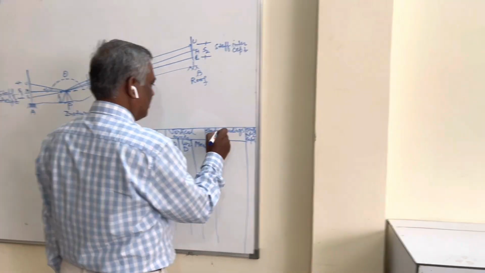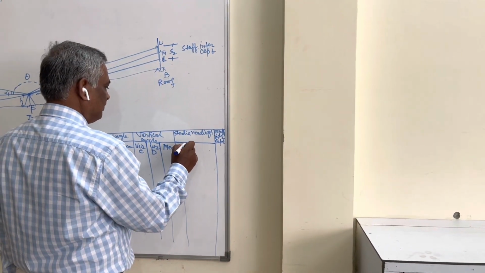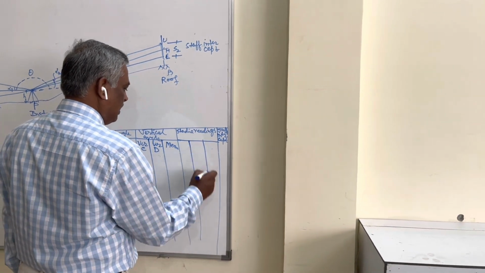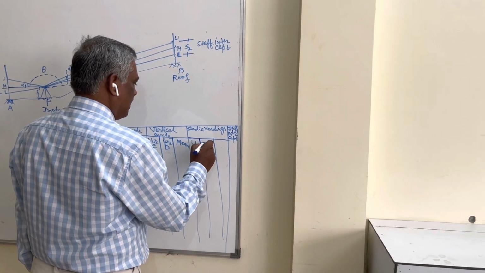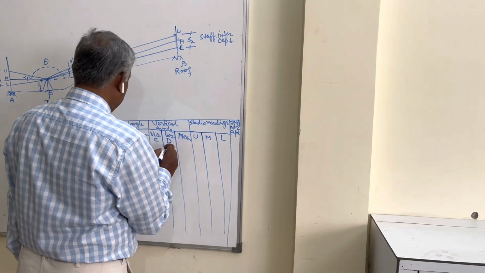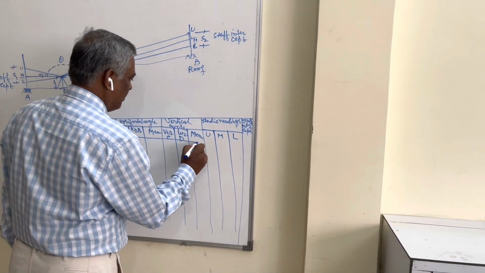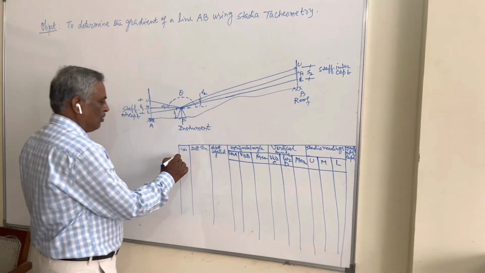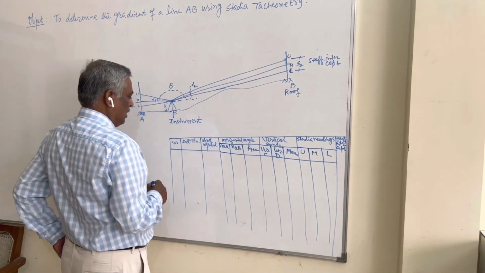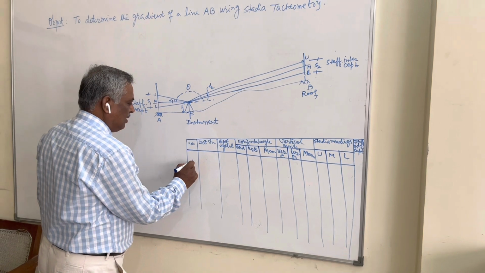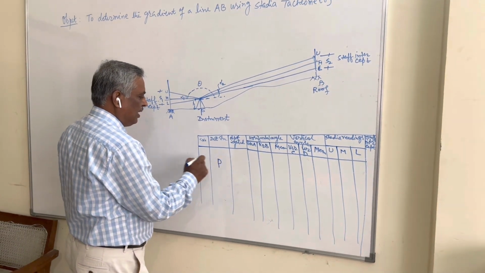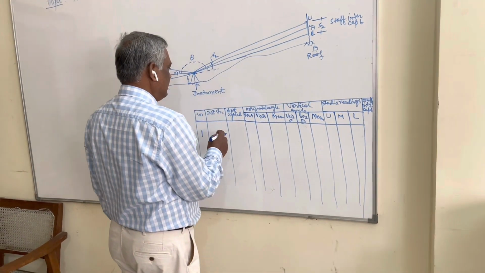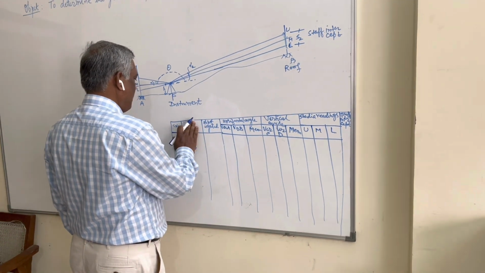Here also 3: upper, middle, lower. So these are the observation sheet. So serial number 1, we are at station P. Now one thing is left, the face also.